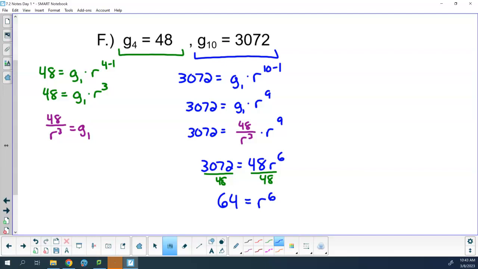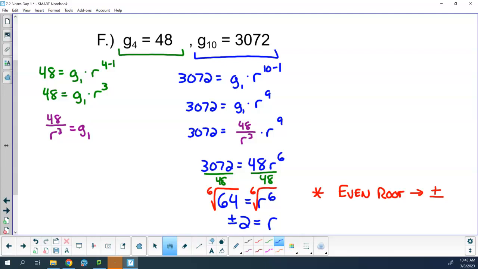What root am I going to take? 6. Even root. So we get plus or minus 2 for my r value.